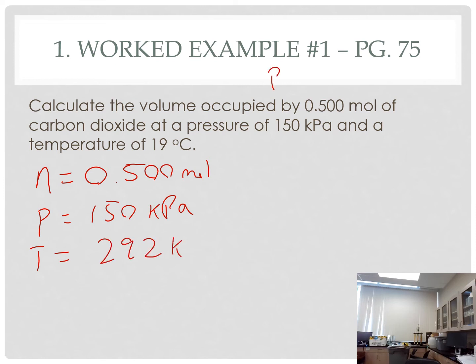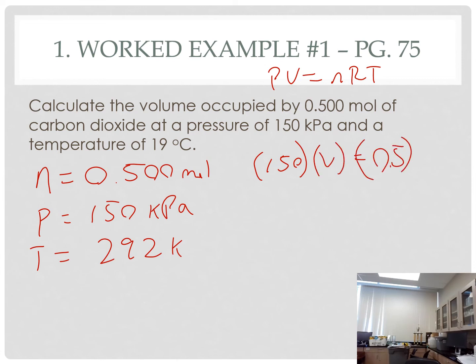Once you plug in the equation, P is 150, volume is what we're trying to find, n is 0.5, gas constant 8.3145, temperature 292.